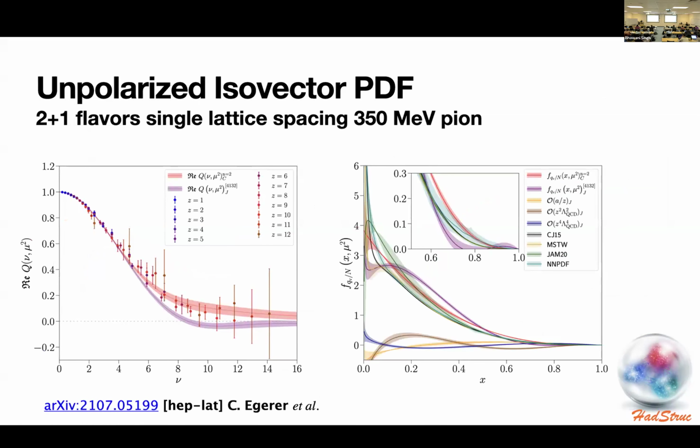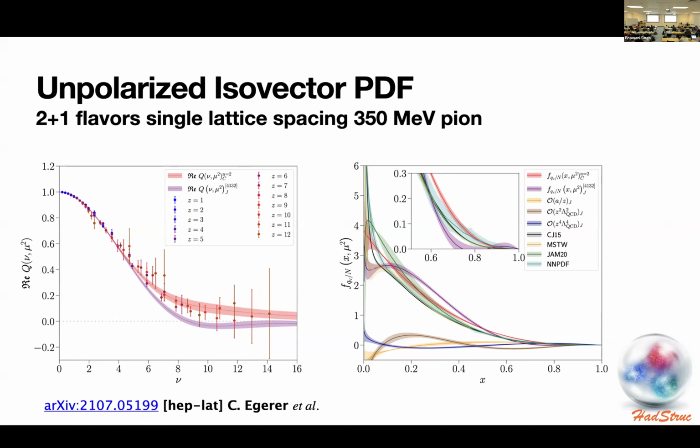Okay, so now here's another example of the same type of calculation. This is the PDF that gets extracted, and this is a busy figure because it tries to give you not only the leading PDF that you get, but also all these contaminating factors, to see how big the contaminations are. And these are the primary data that I have from the lattice. So these are the points of this curly M that I told you about.